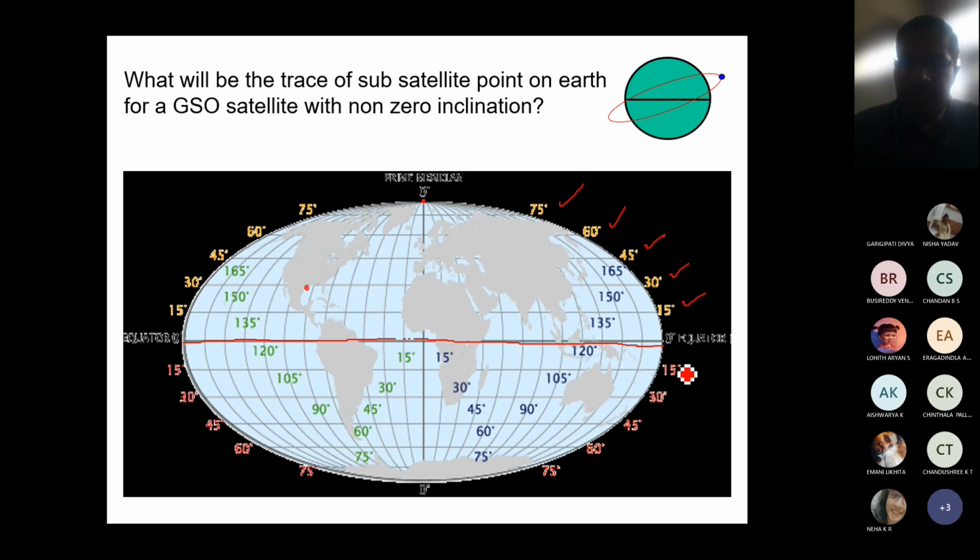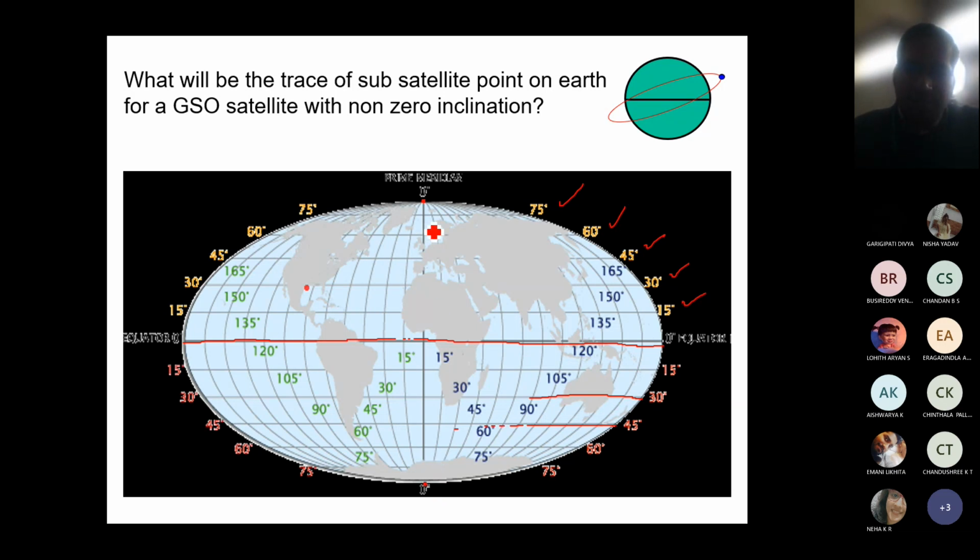Similarly, it is 15° latitude in south, and 30° latitude. This particular line is 30° latitude in south. This is 45°, similarly 60°, 75°, and finally 90° latitude in south.